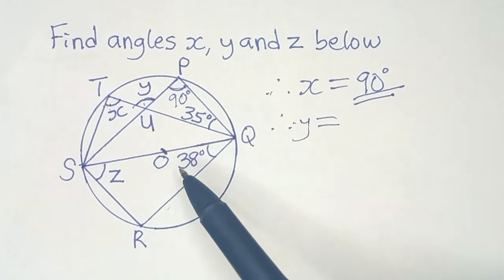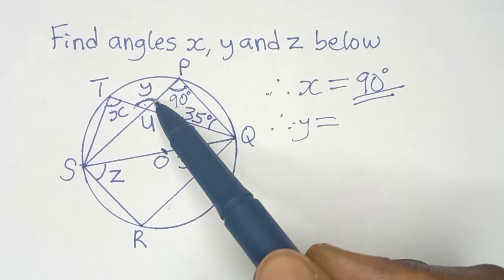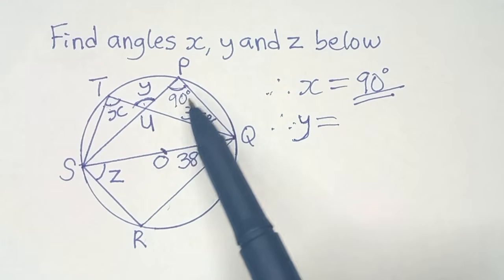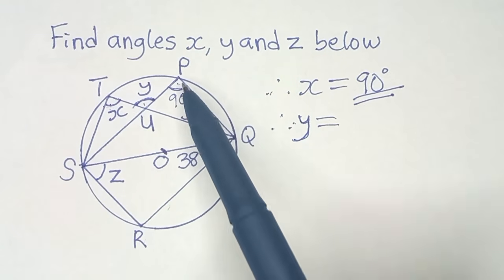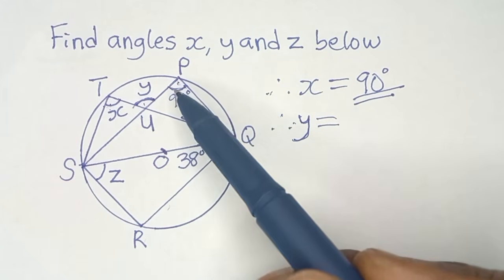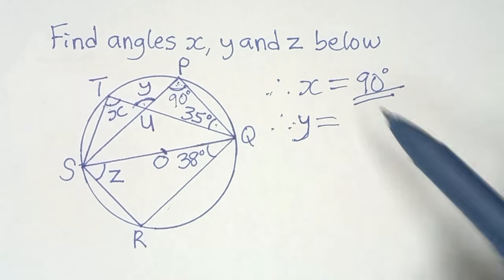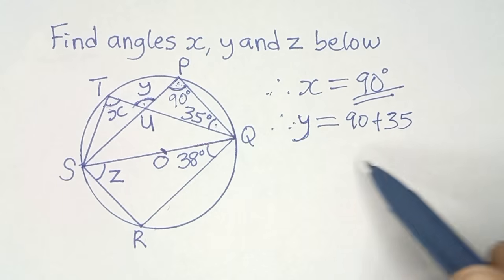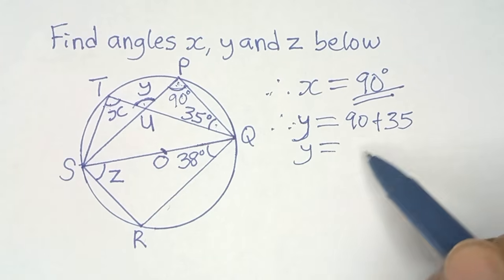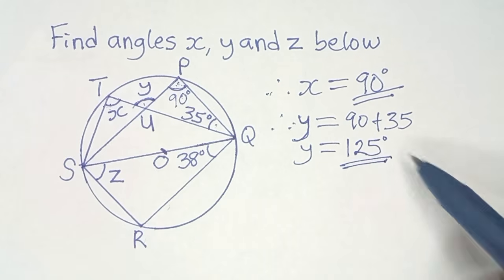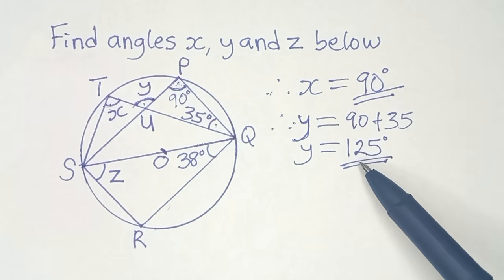The theorem to apply is that the exterior angle of a triangle, that is angle Y, is equal to the sum of the two opposite interior angles. So angle Y is equal to 90 plus 35, which gives us angle Y as 125 degrees.